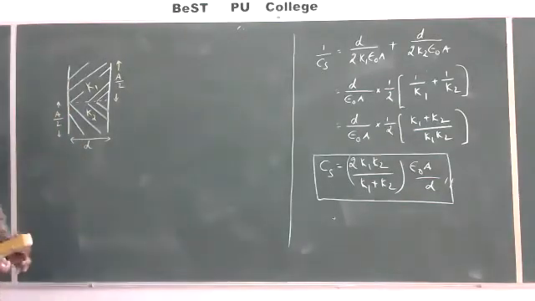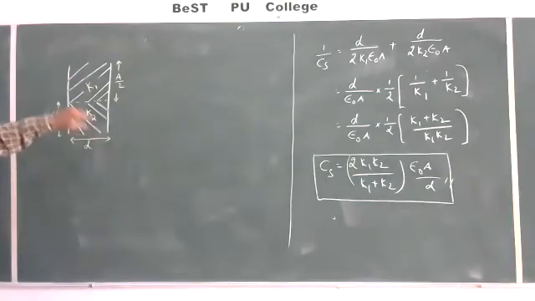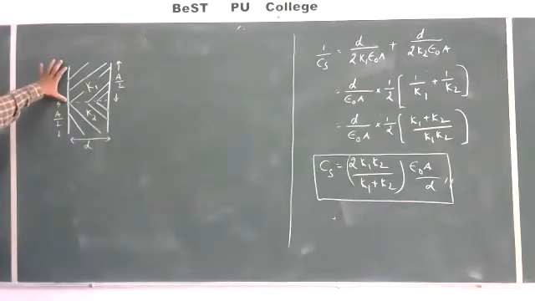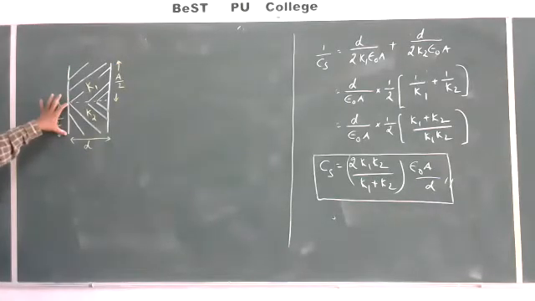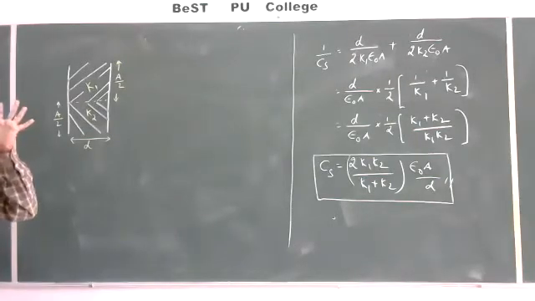Now, how will this arrangement be? Here also I can say two capacitors are there. This is the first capacitor and this is the second capacitor. How are those two capacitors arranged? Will they be arranged in series or in parallel?